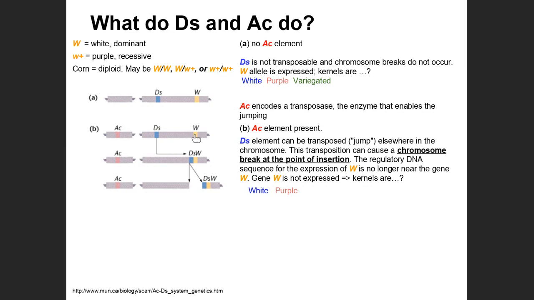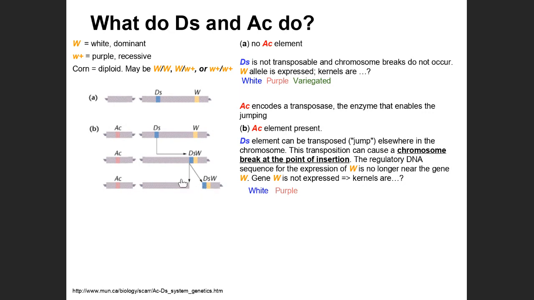this guy gets transcribed. And now let's say that the regulatory part is far away from this. So if the RNA polymerase binds over here, and now it's far away, just think about if this is the cell, you can imagine that this broke, and this is now somewhere else in the cell.